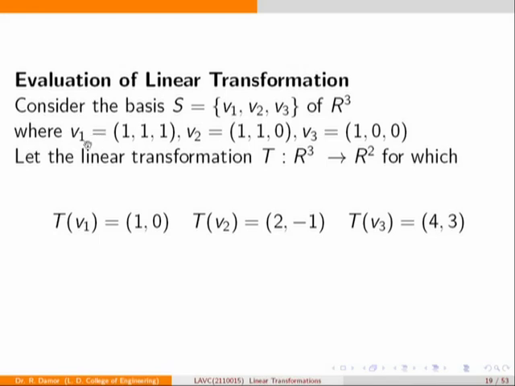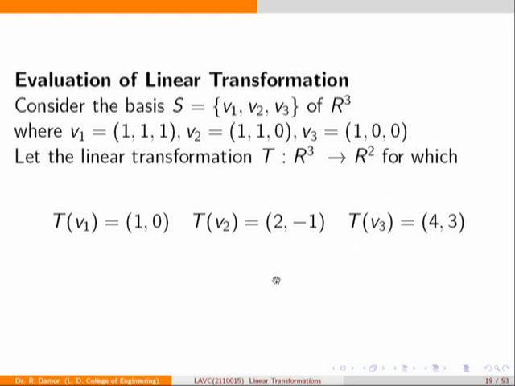V1, v2 and v3 span the vector space R3, and you also know the image of the basis under this transformation: T of v1, T of v2 and T of v3. So you have three things: the transformation is linear, the basis for R3, and the images of the basis in R2. Using these three things you have to evaluate the transformation.